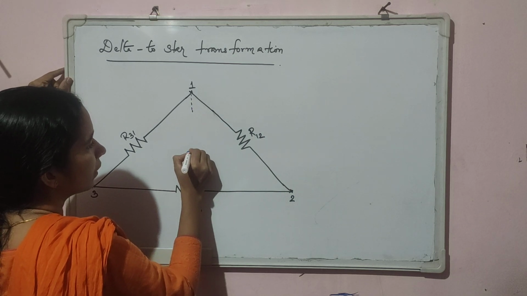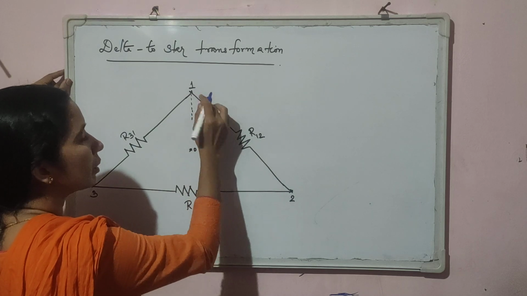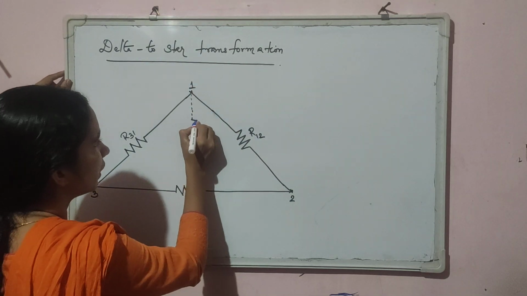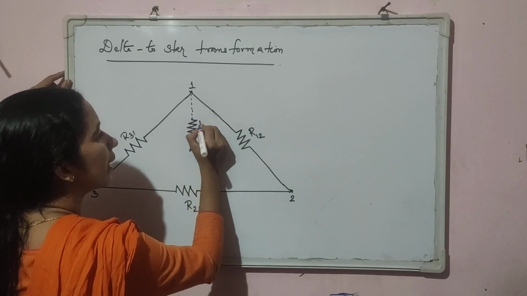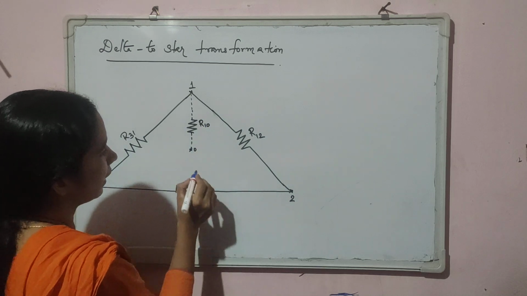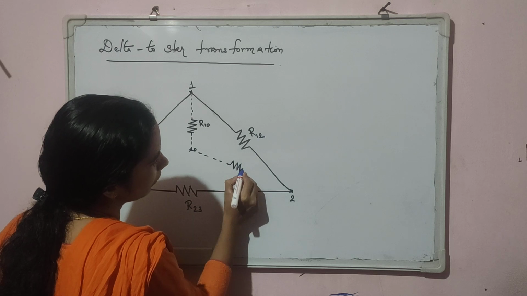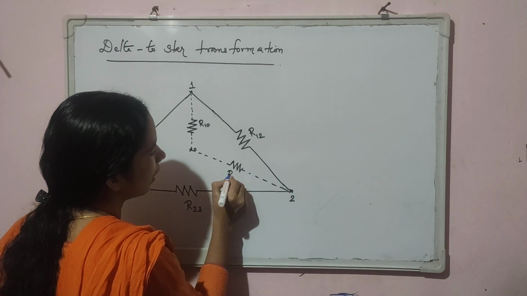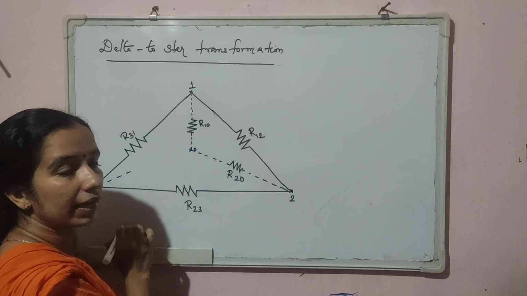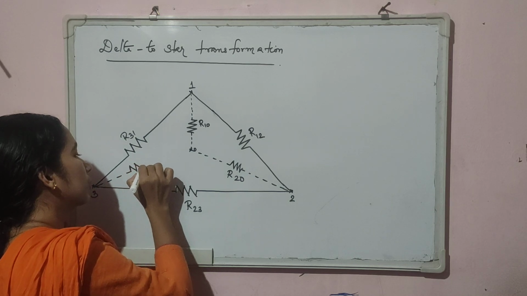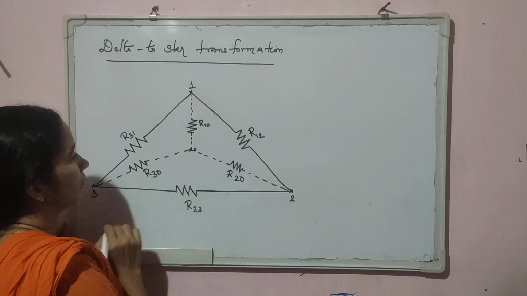If this is the star point 0, then there will be a resistor between terminal 1 and 0 in case of a star connection. So this will be one resistor, and this can be denoted as R10, and there will be a resistance between 0 and terminal 2, and that is R20, and there is another resistor between terminal 3 and 0, and this will be R30.